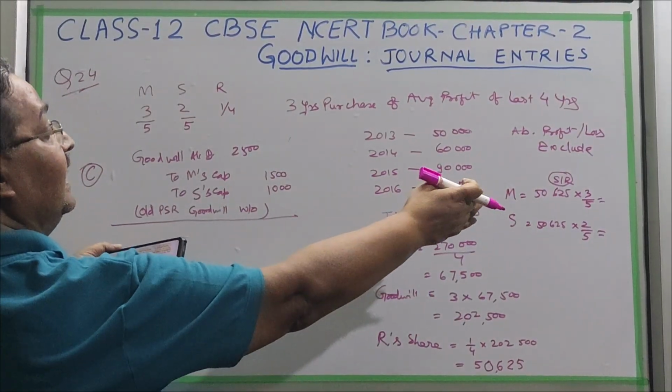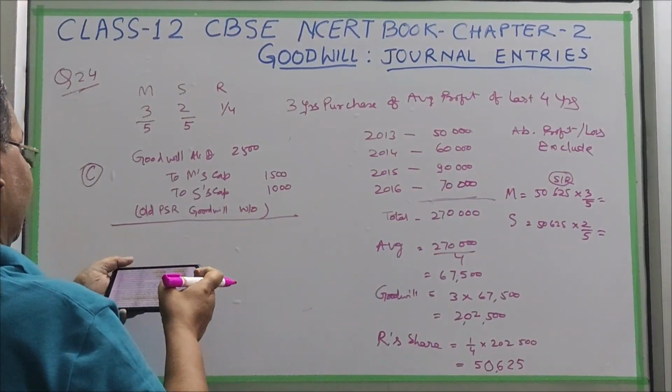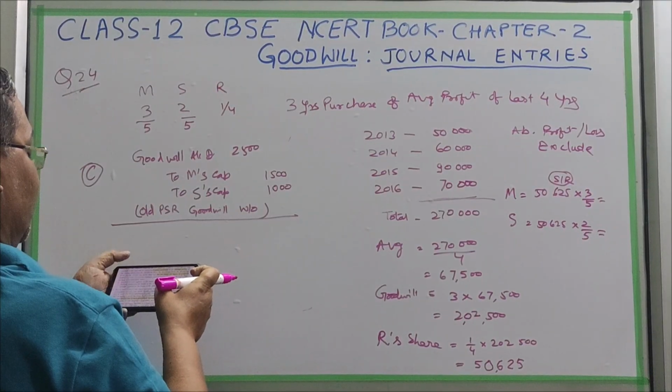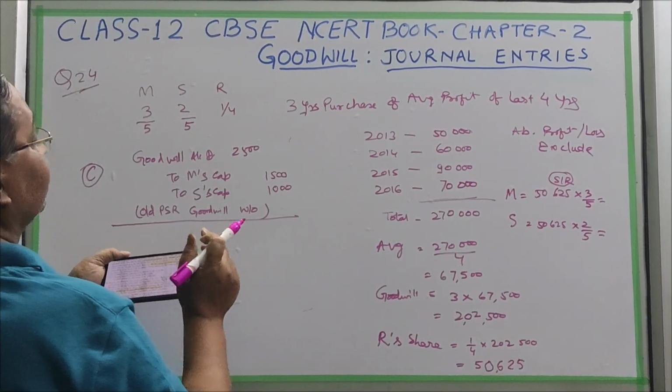I will write that entry once the ABC part is over. Goodwill appears in the book at 2,05,000.